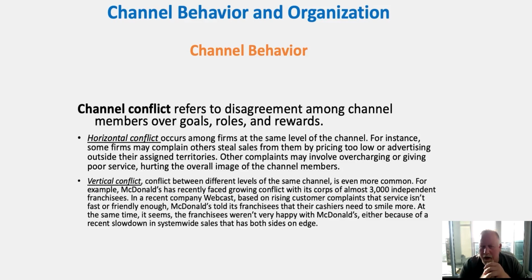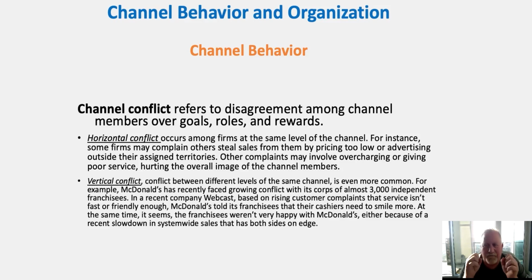A horizontal conflict occurs among firms at the same level of a channel. So if two firms are working as intermediaries at the same level, for instance, firms may complain about others stealing sales for them or hurting them at that same level of a channel. So I'll give you an example of this.